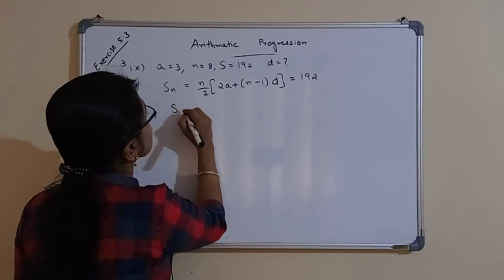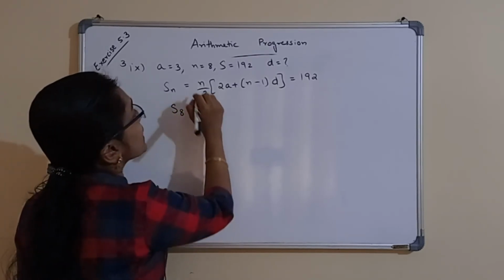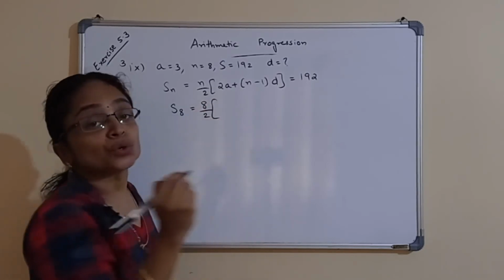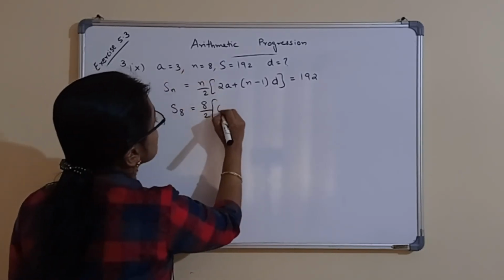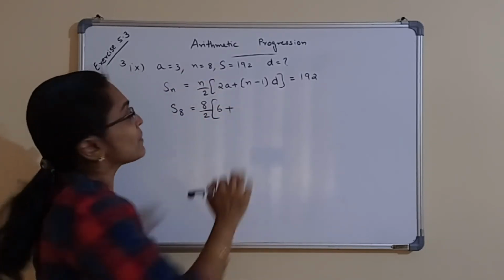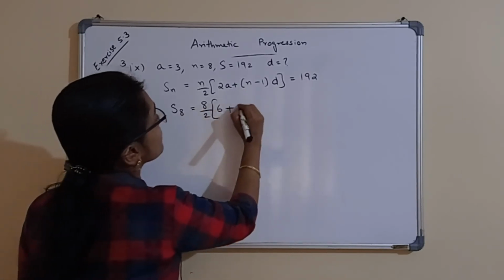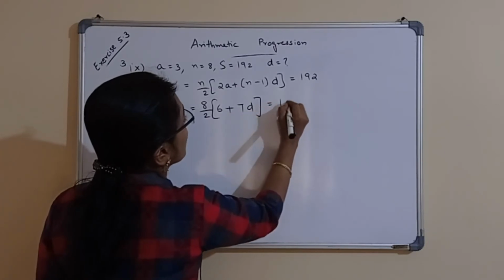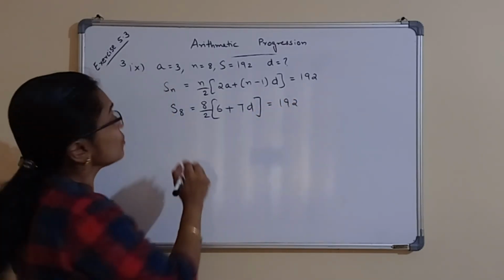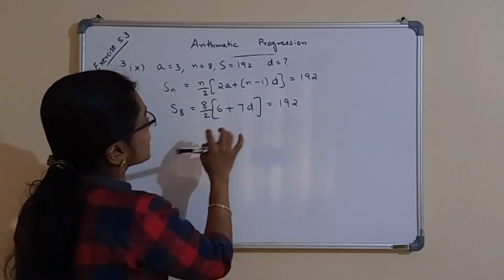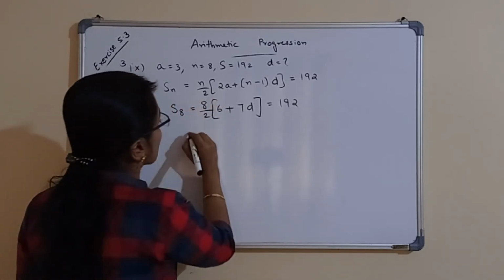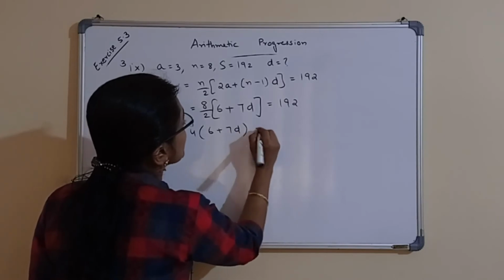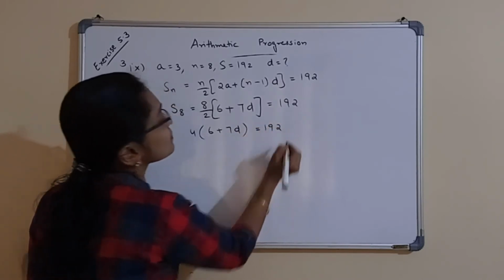So, we have S8 is equal to n by 2, 8 by 2 into 2 into 3, 6 plus n minus 1 is 8 minus 1, which is 7, 7 into d is equal to 192. So, we can write 8 by 2 is 4, 4 into 6 plus 7d is equal to 192.